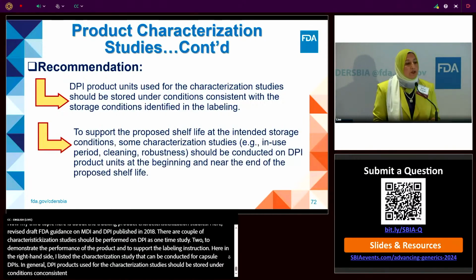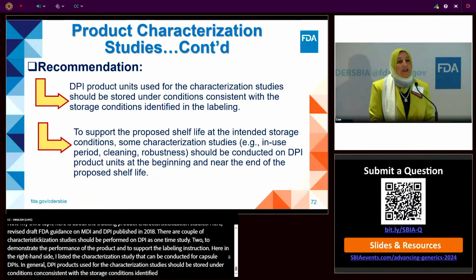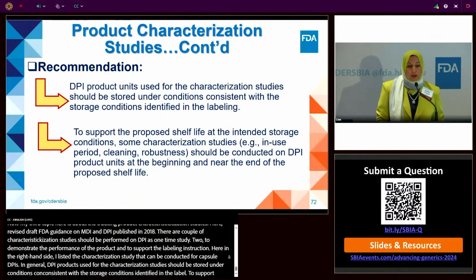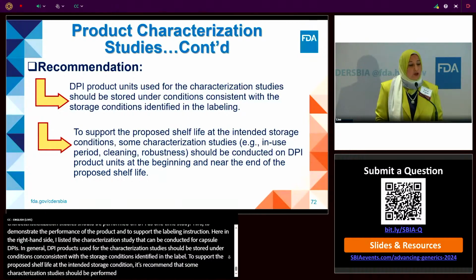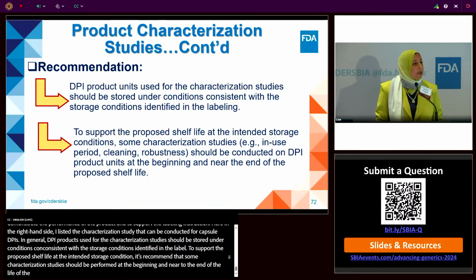Also, to support the proposed shelf life at the intended storage condition, it's recommended that some characterization studies should be performed at the beginning and near the end of the shelf life of the product units, including in-use period, cleaning instructions, and robustness.